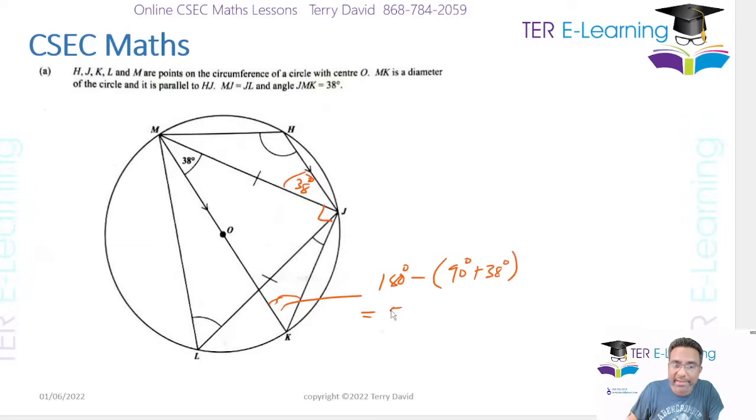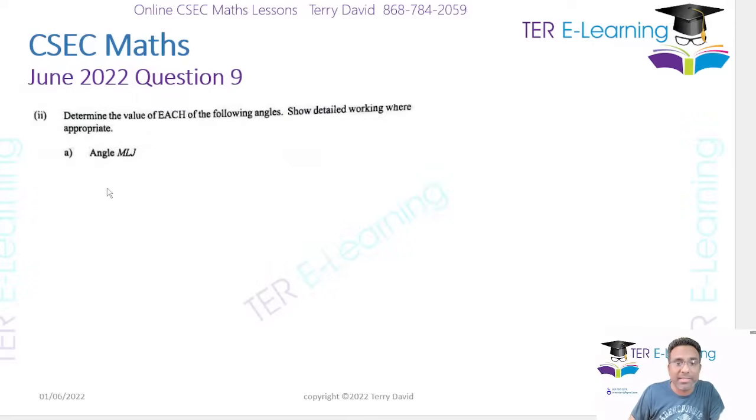But if this angle is 52 here, it means that this angle here is also 52. And why I can say that is because MJ is a chord, and angles in the same segment are equal. So this angle here has to be 52 degrees, and the reason is angles in the same segment.